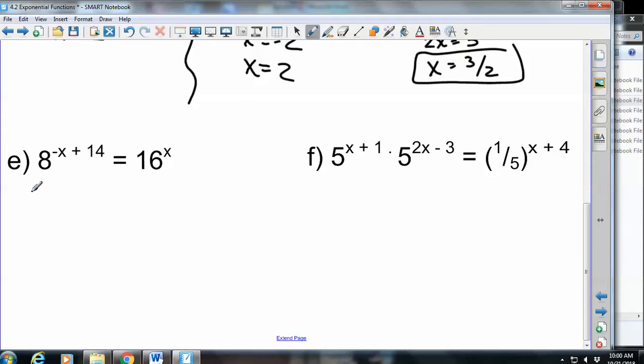Alright. 8 to the negative x plus 14 equals 16 to the x. Can you write 16 as 8 to a power? We can break them both down to 2s. So 8 is 2 to the 3rd power.